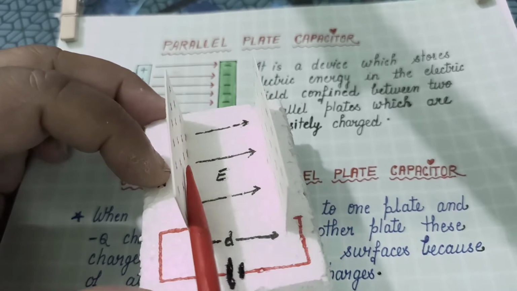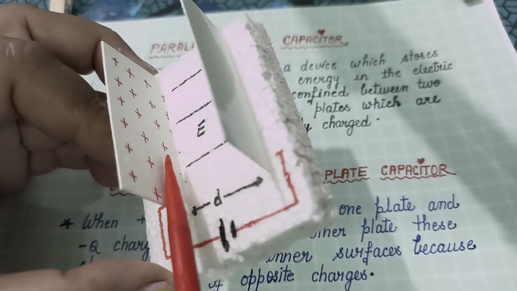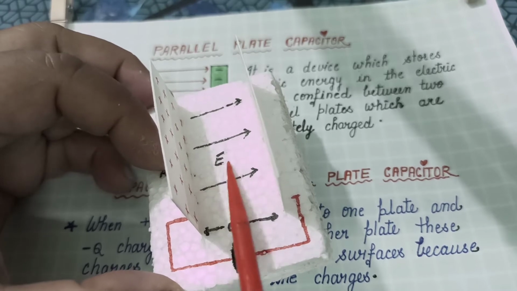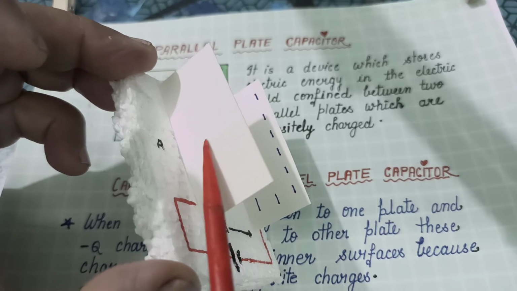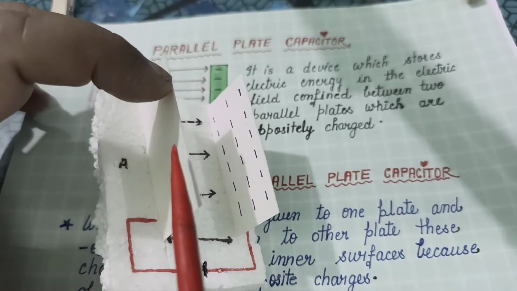So they are kind of bound charges which lie on the inner surface of the two plates. This is very important to understand, because only then can we calculate the correct electric field inside the capacitor. So there is no charge over this surface and this surface, which are the outer surfaces of the capacitor.